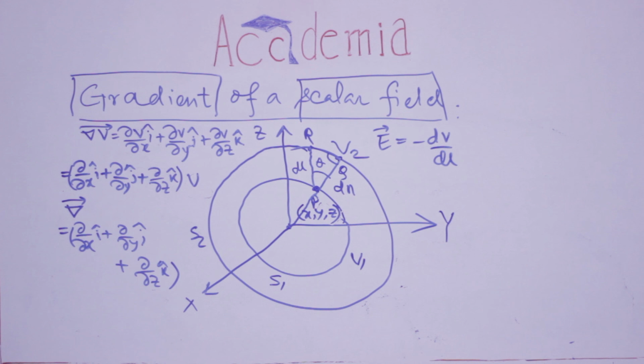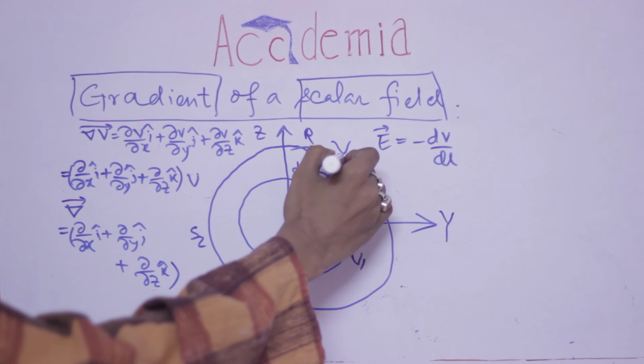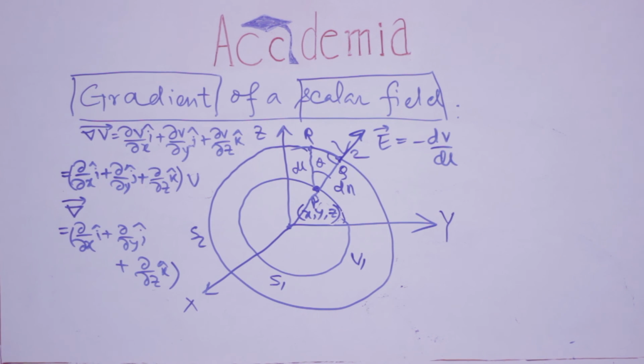We know that the direction of E is always radial to the surface. If a charge is at the center within a spherical surface, then E will emanate through the surface radially. Then the direction of E will be along the radius, in the radial direction PQ, which is also the direction of grad V.